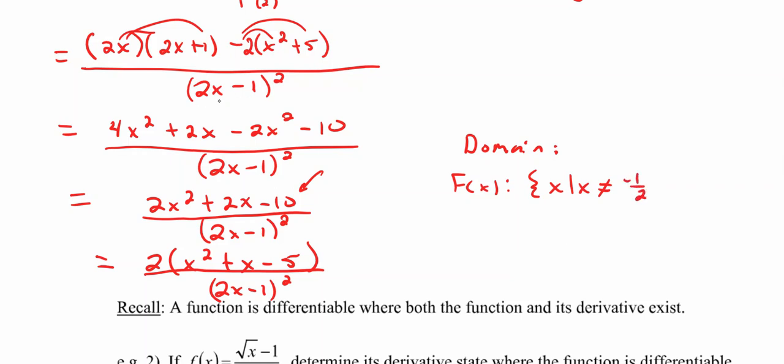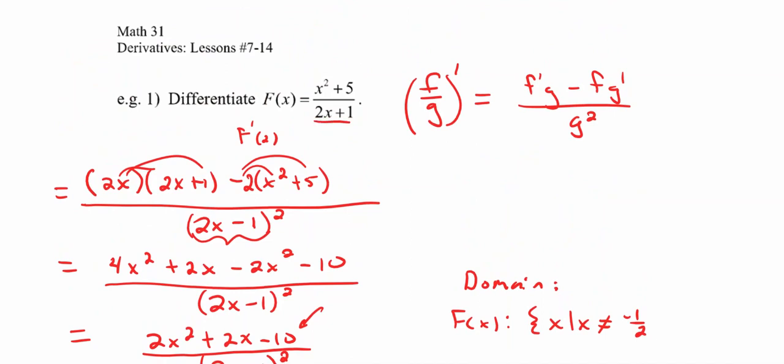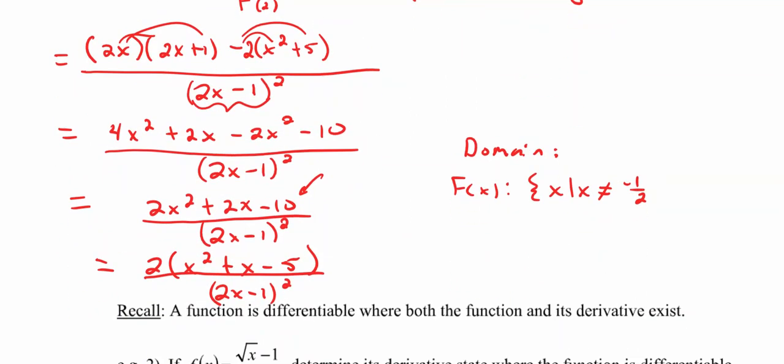And that just comes from when we were dividing by 2x minus 1. So you can see that that's my restriction on the derivative, but it was really also my restriction on the original as well, that 2x minus 1. Okay, so x couldn't be equal to one half, where x is a member of the real numbers. Okay, and then you could really say the same thing for the derivative, exactly the same.